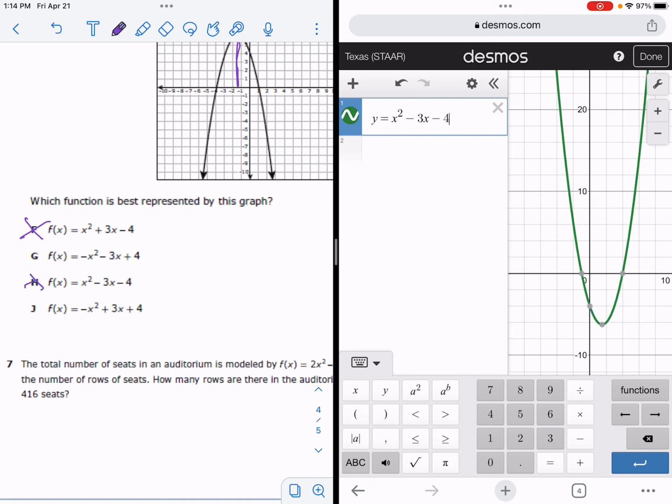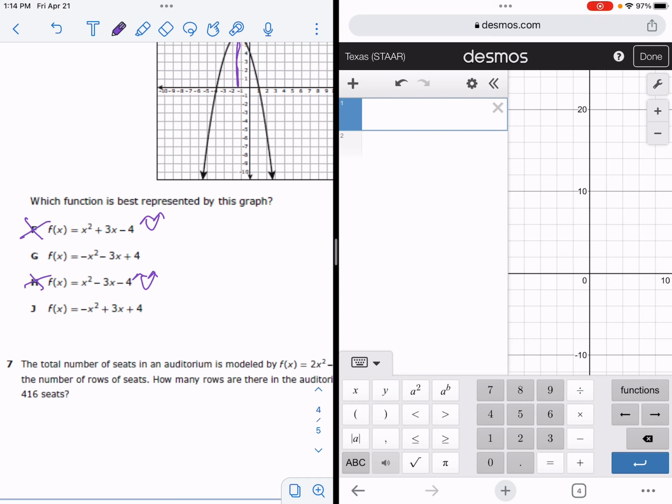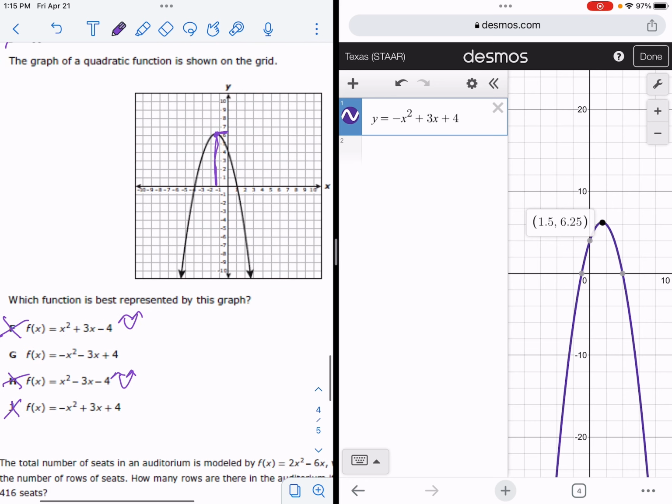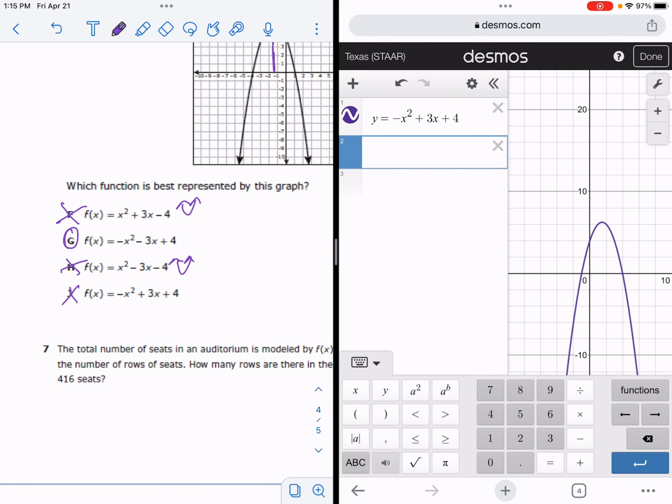That opens up. That's a happy parabola. Anything with a positive x squared is going to open up. So now let's try J: y equals negative x squared plus 3x plus 4. That vertex is not in the right place. It's in quadrant 1, and we want our vertex to be in quadrant 2. And so our answer is G.